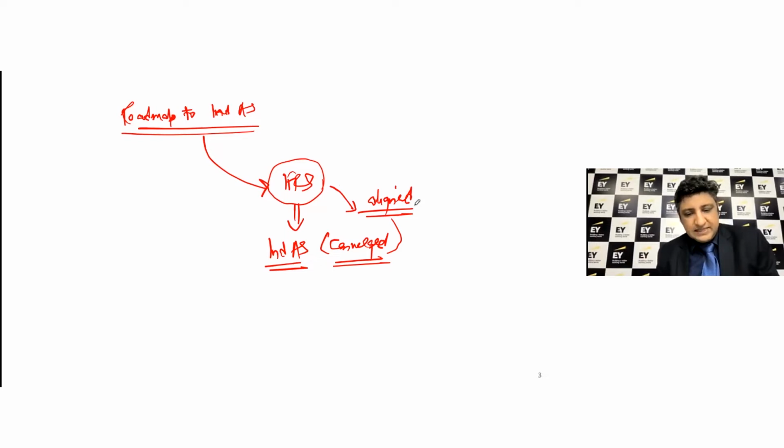Keeping into consideration the Indian economic environment, keeping in view that the economic environment of the country would be a little different from that of the other parts of the world, the decision makers, the authorities, and we will obviously spend some time talking about those authorities here, they decided to not completely use IFRSs as it is. Okay, so that's where some changes were expected.